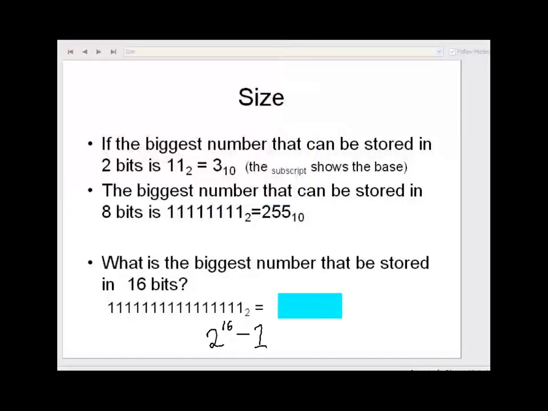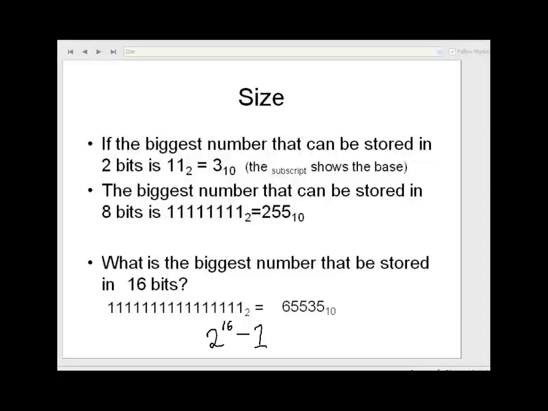Okay. So yes, that does it right. It is 65535. Now, when we're dealing with computers, there are some magic numbers.